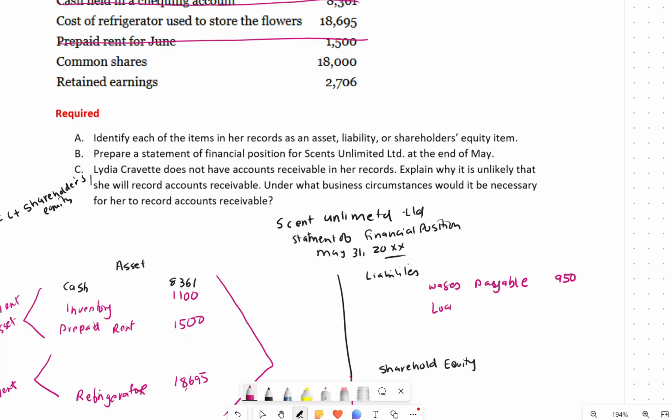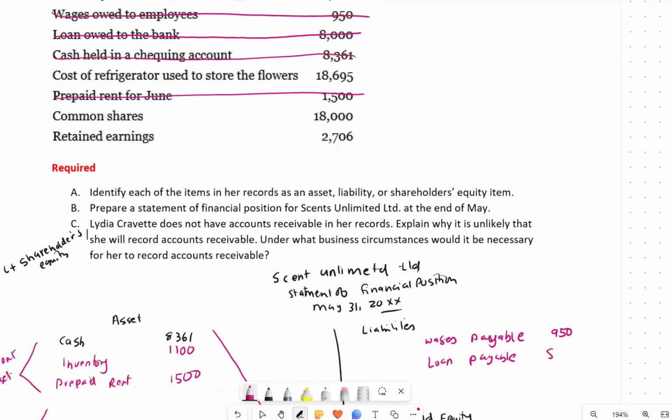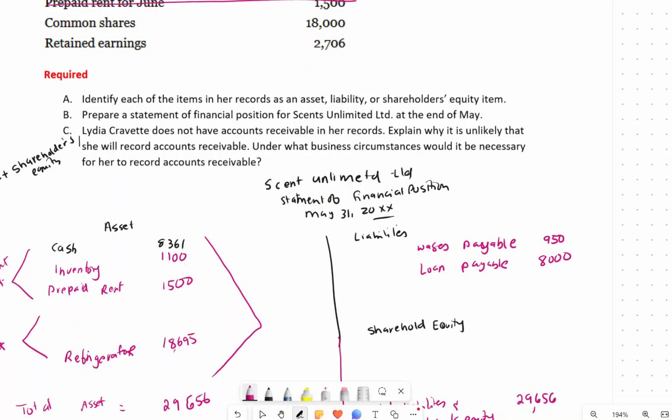The bank loan payable amount is $8,000. Those are my liabilities, so I will call this amount total liabilities. If I add both numbers together, it will be 8,950.